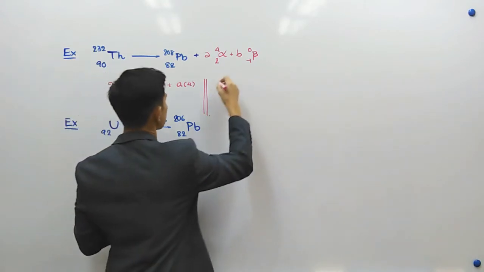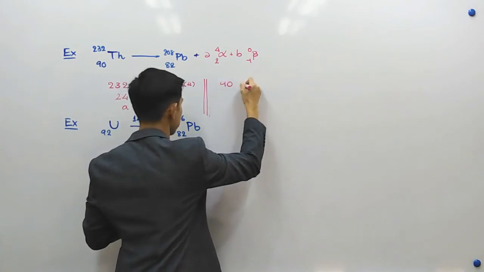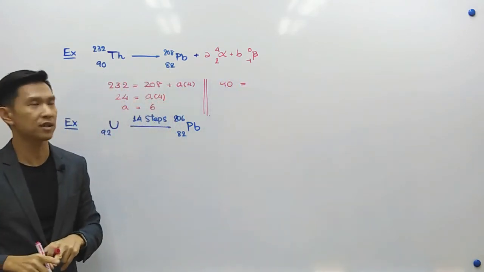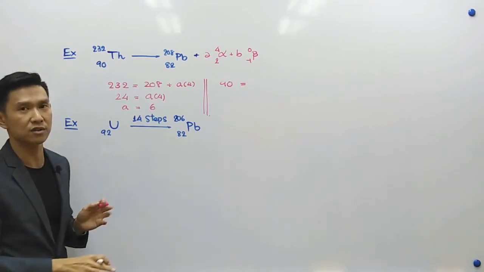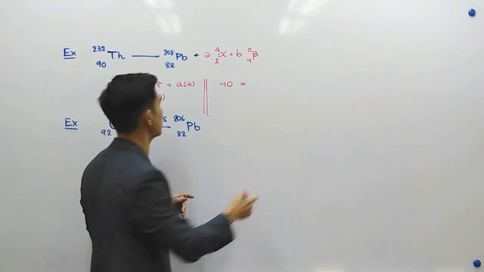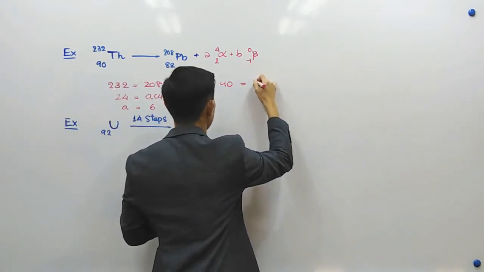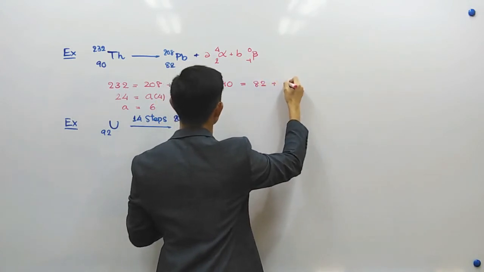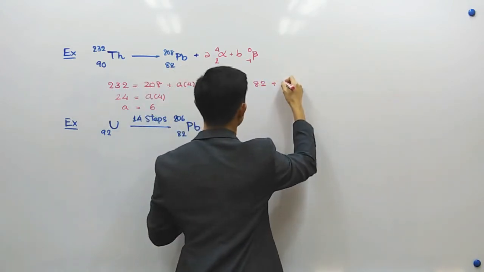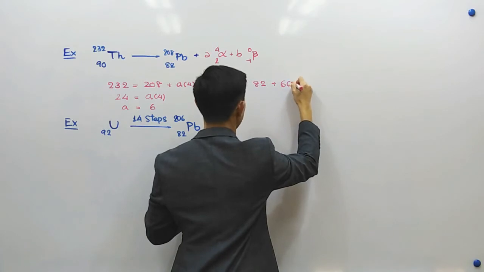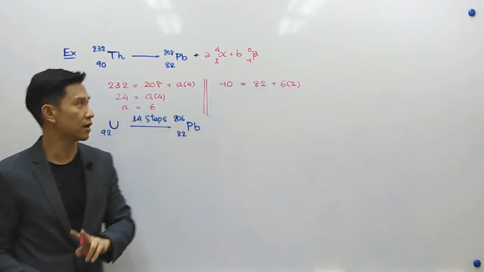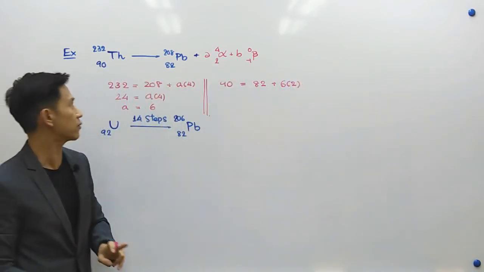The charge of the starting material is 90 plus, right? So the total charge of the product has to be 90 plus as well. The charge of the lead is 82. The charge of the alpha particle is 2, but you have 6 alpha particles. Each alpha particle has 2 positive, right?